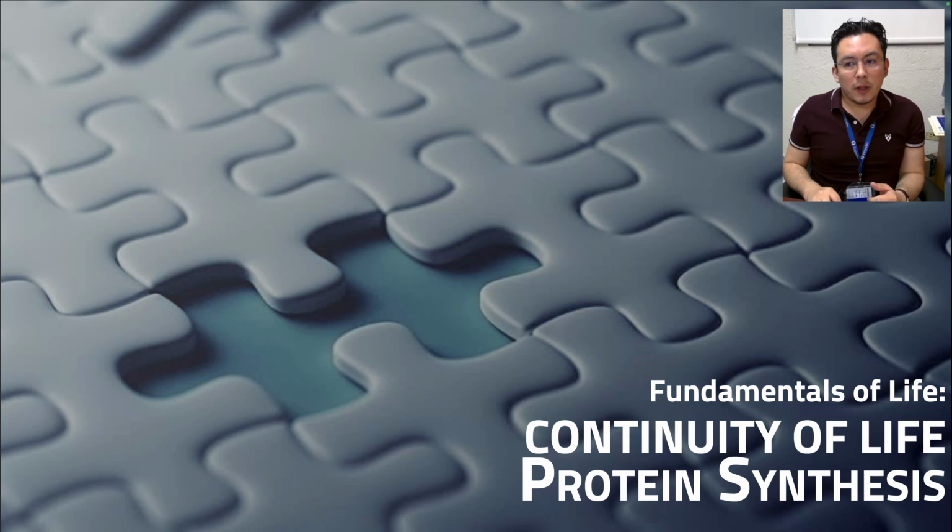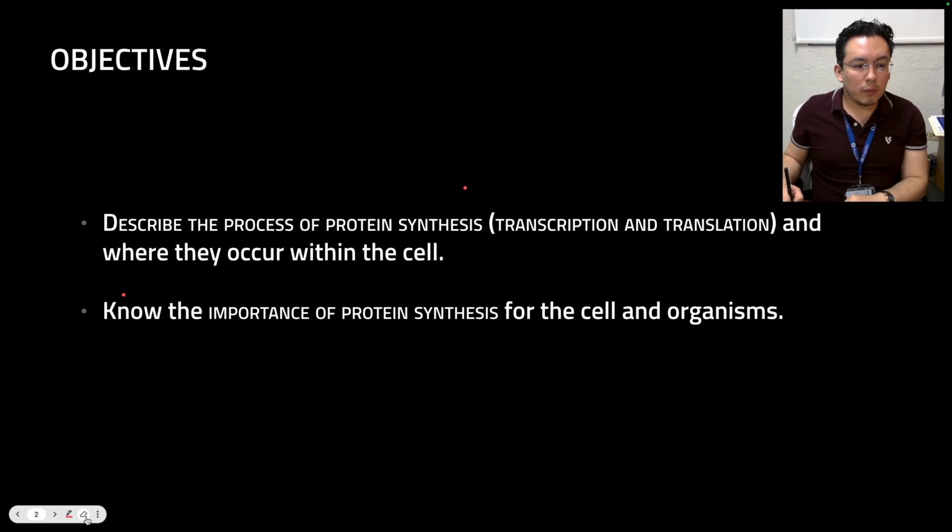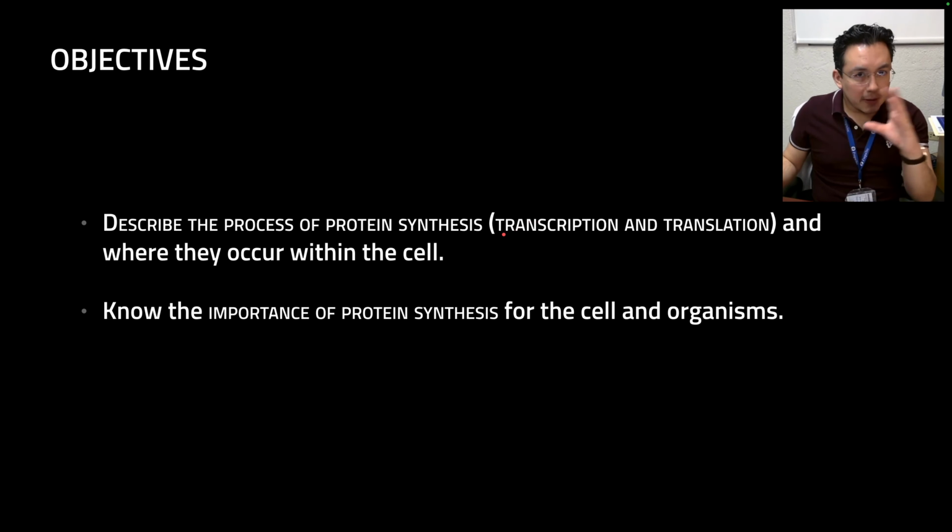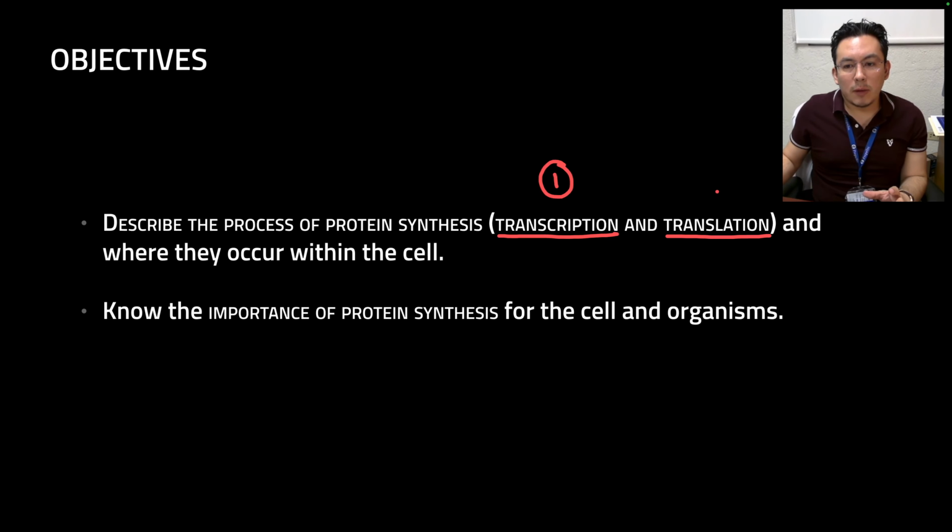The purpose of this video is to review these concepts and to understand the general aspects that make up this particular process that includes two steps. So as a whole, protein synthesis, we can simplify it in step number 1, which is transcription, and step number 2, which is translation.